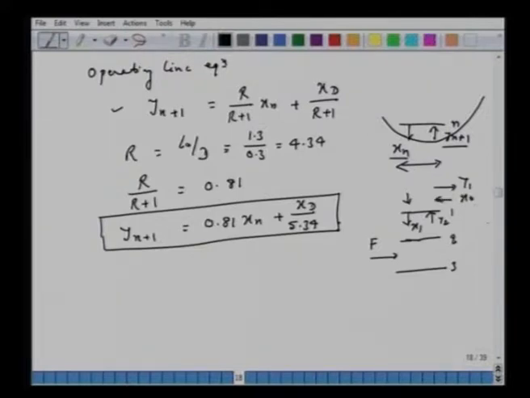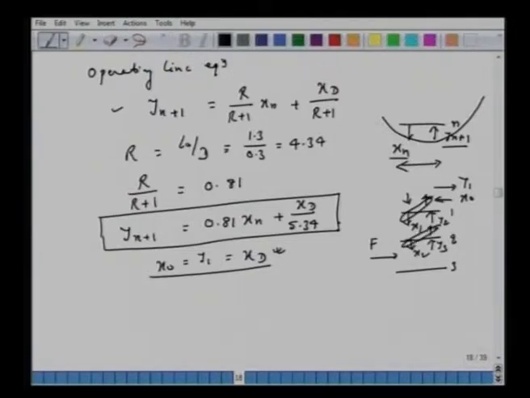We can write x0, which goes as reflux, is the same as y1 and the same as our top product x_T, but we do not know this x_T. Okay, but we can write down the equations. Now we can connect y2 and x1, and we can connect y3 and x2.